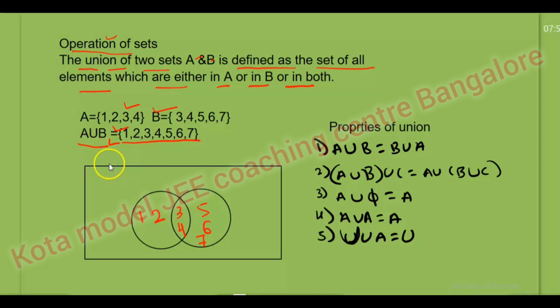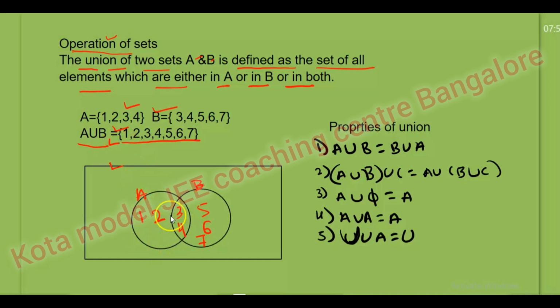With the help of Venn diagrams, we can understand this very well. This is the set A and the second circle is the set B. In the set A, a total of 4 elements will be there: 1, 2, 3 and 4.